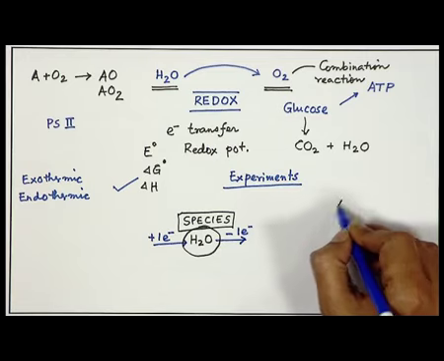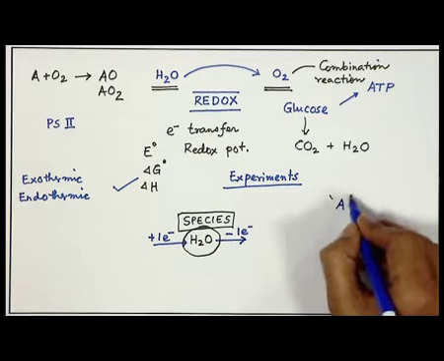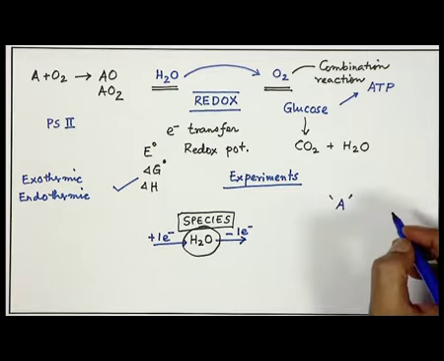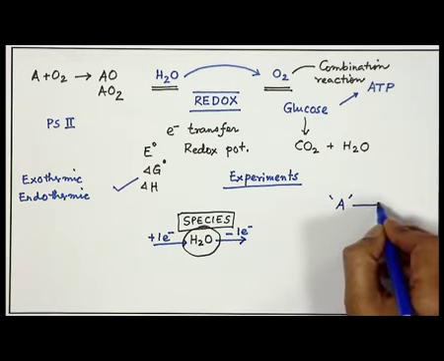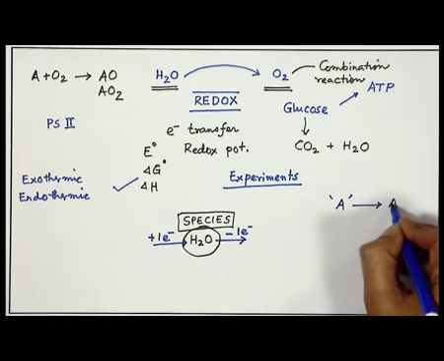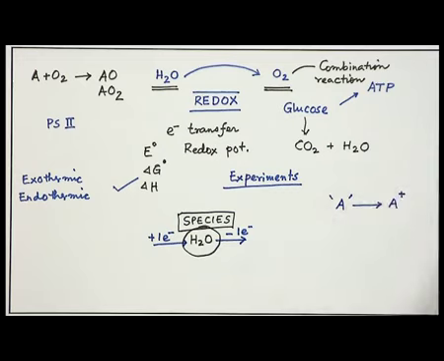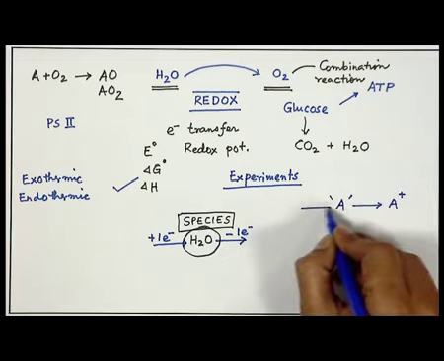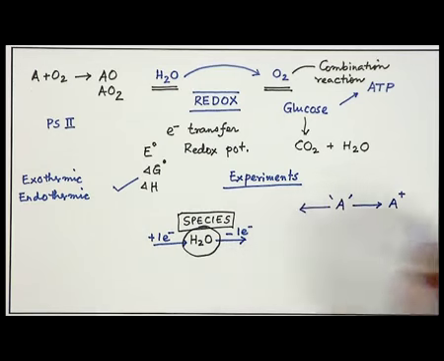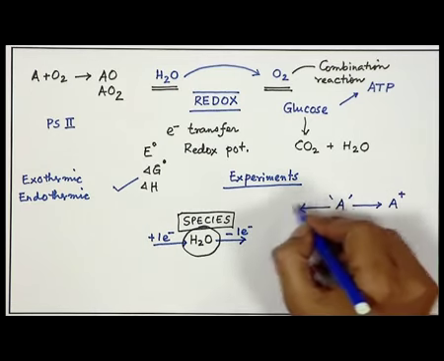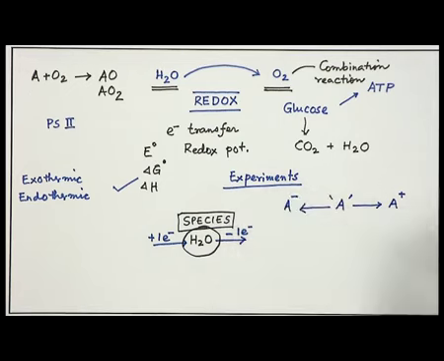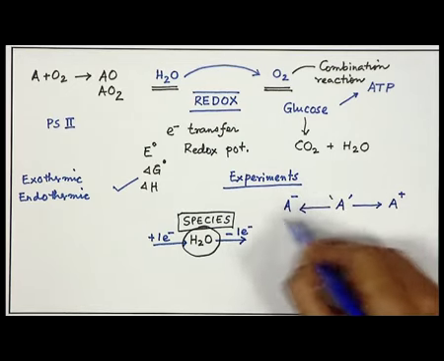That is very much important in relation to the same species which we are considering as A. So, if A loses an electron, A will give you A plus, and if A accepts one electron, we get A minus. So, what about these things?